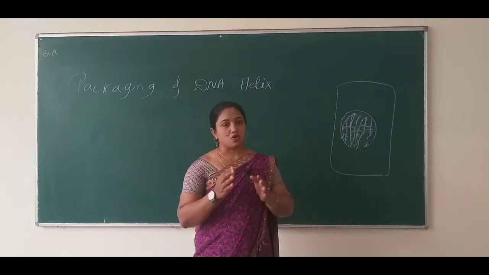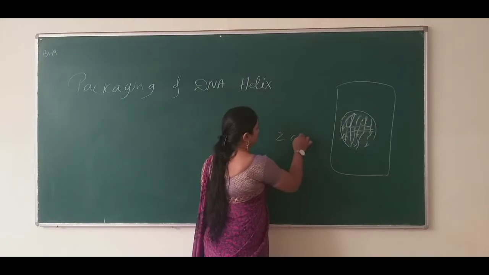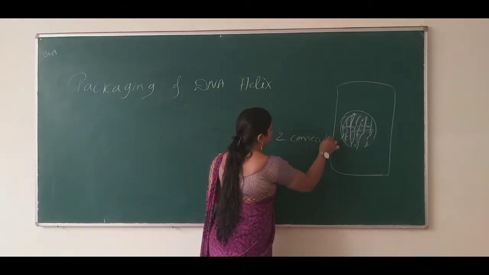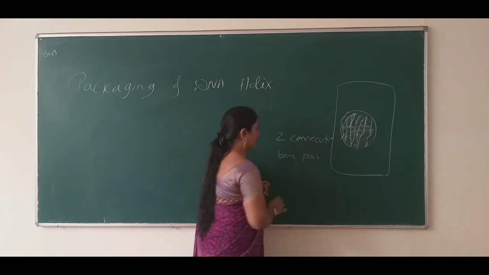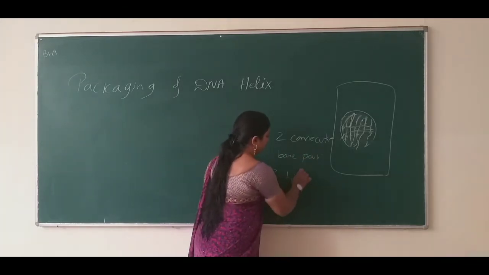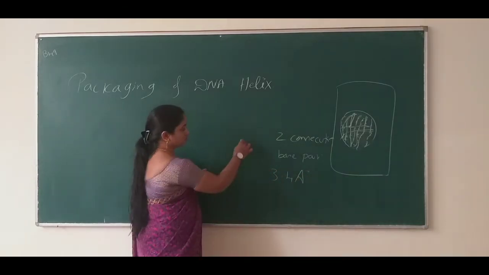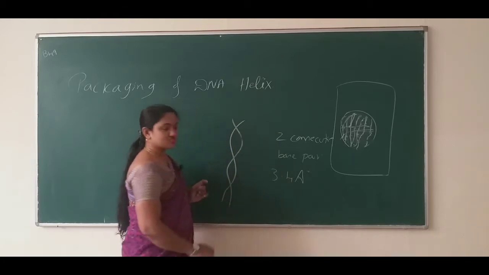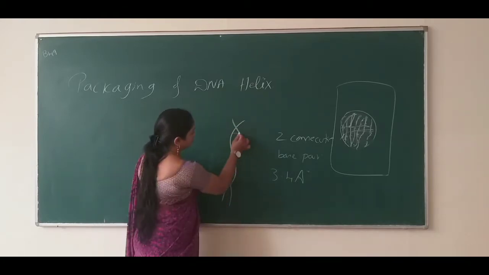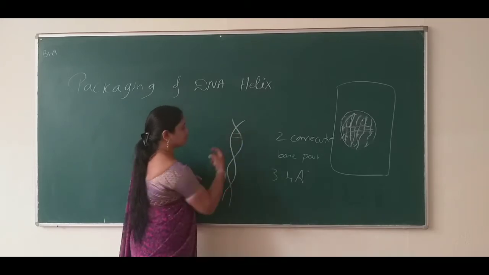And the distance between two consecutive base pairs is 3.4 angstrom. Two consecutive base pairs means, as we studied in the last sessions, this is one base pair and this is the next base pair.